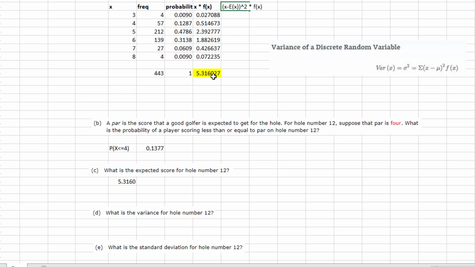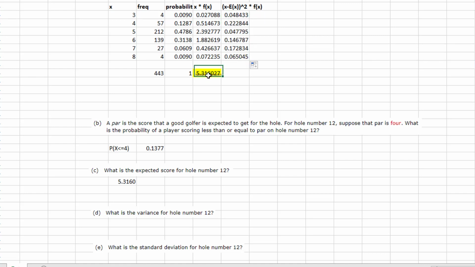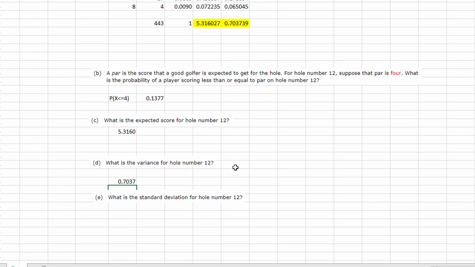So the only thing that's going to stay the same is the expected value. So looking at the formula, I take the X value minus the expected that I don't want to change. I square that times my actual probability. I drag it straight down. I copy this straight across to sum it, and this value, 0.7037, is the variance. So that's the formula for the variance that you'll see on the formula sheet.